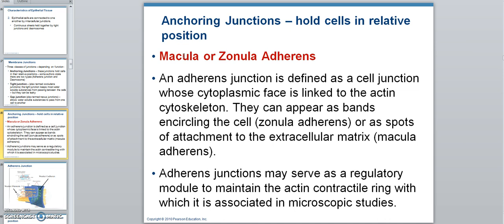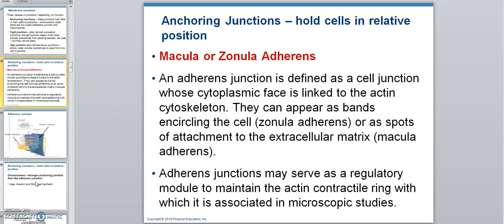Then a macula would be if we took a double-sided tape and put a spot on one side, a spot on the other, and then put the neighboring block, so you'd be held together by spots. A zonula would be if we took the tape and surrounded the double-sided tape, so it's completely surrounded, and that forms a zone. That's the difference between spot and zonula. But the adherens junction is a weaker type.